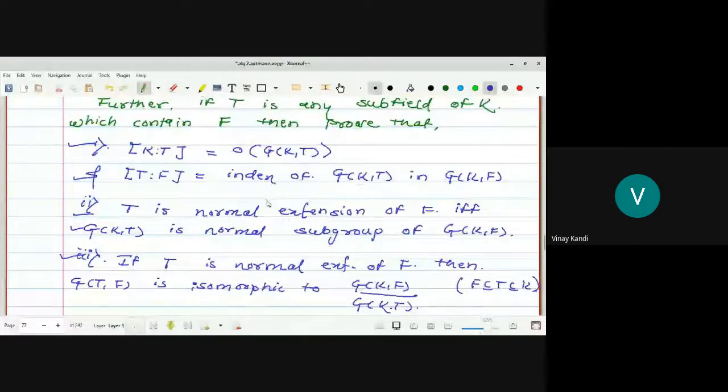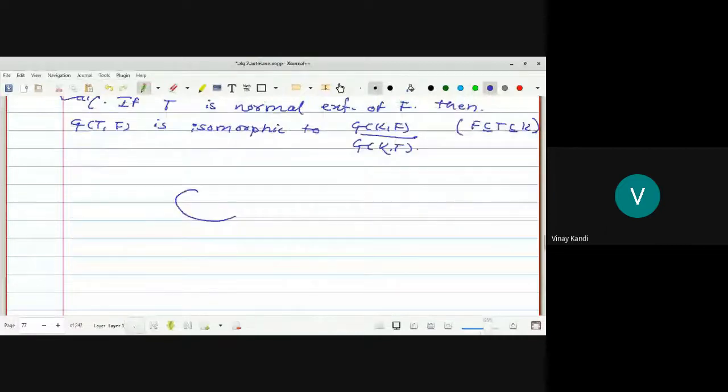How is it for you? This is F. K is the normal extension of F. Now what is GKF?